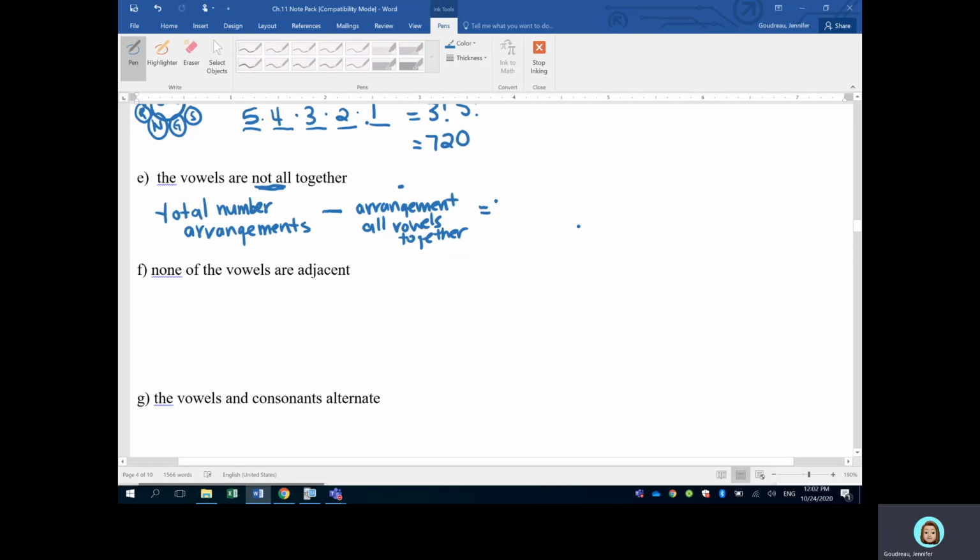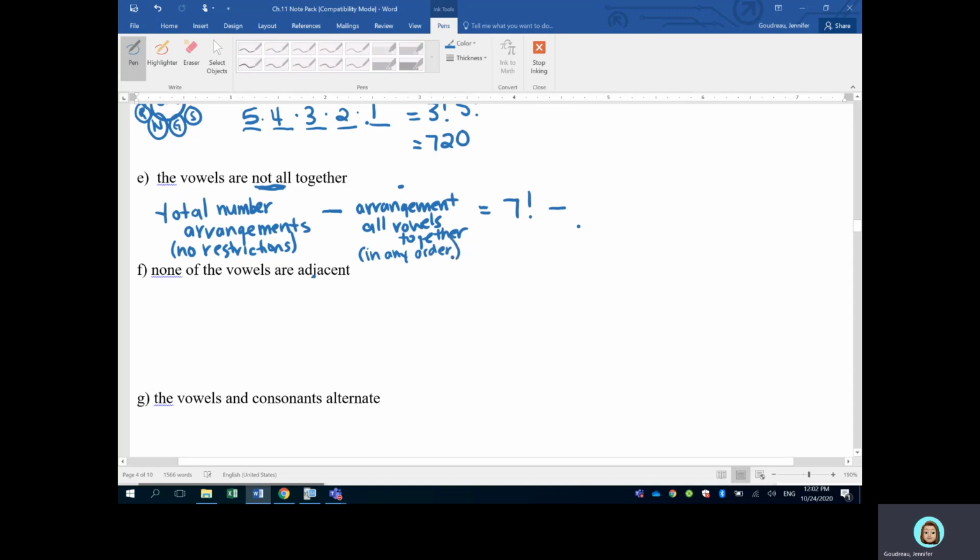Now, our total number of arrangements is the total number of arrangements with no restrictions. So we have our 7 items. We are arranging all 7. We have no restrictions. That's going to be 7 factorial. Minus the arrangements that have all of the vowels together, in any order.